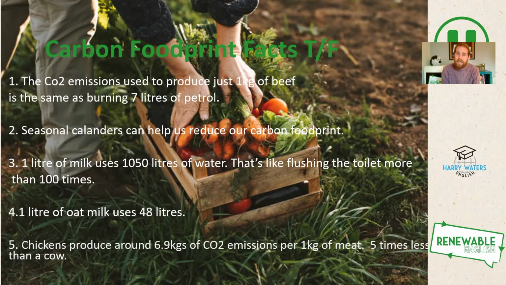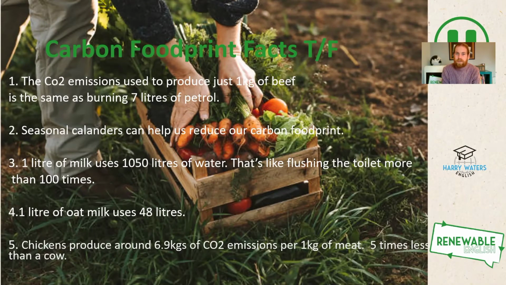Seasonal calendars can help us reduce our carbon footprint. 1 litre of milk uses 1,050 litres of water. That's like flushing the toilet more than 100 times. 1 litre of oat milk uses just 48 litres.